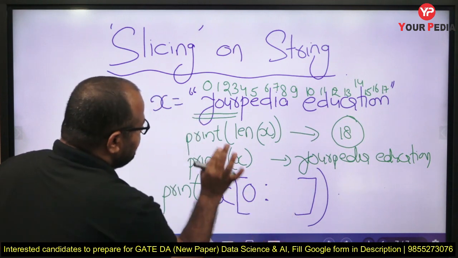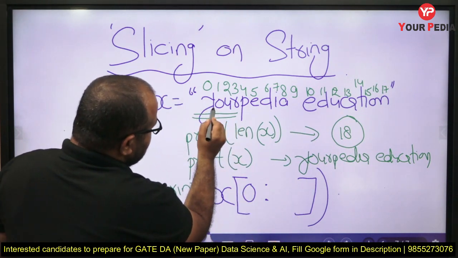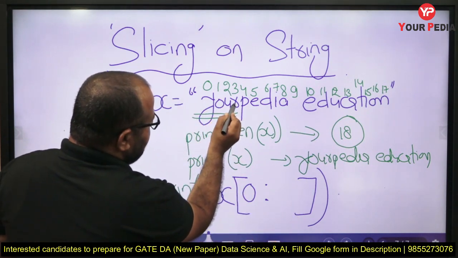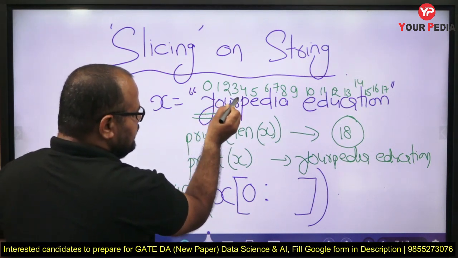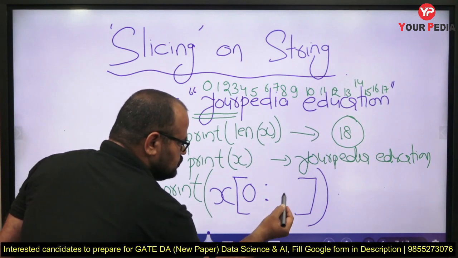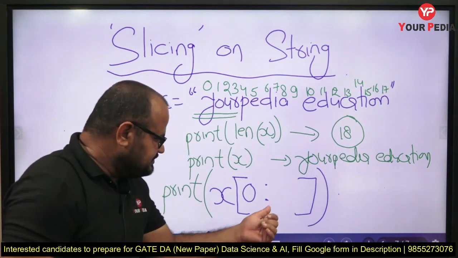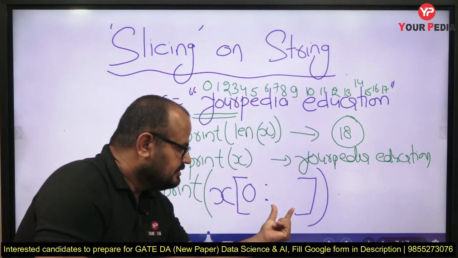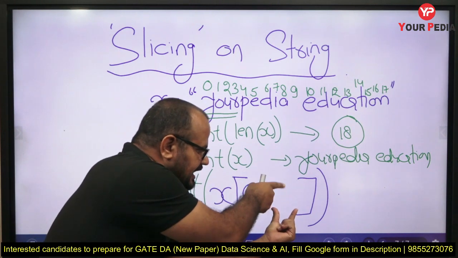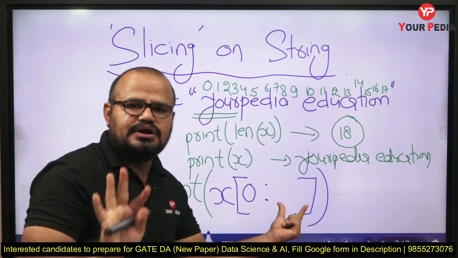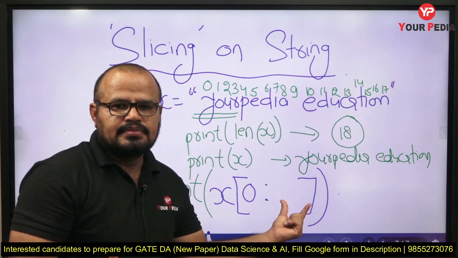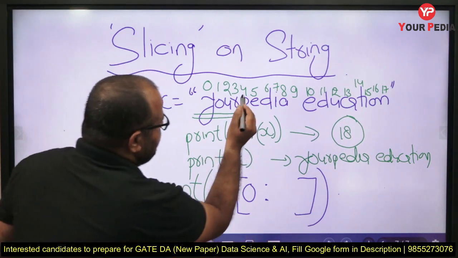See the syntax. Sir, I just want YOUR, and the index of R is 3. But if you write 0 to 3, listen carefully, the last number I am writing here is not included in your output. So I have to write 4.